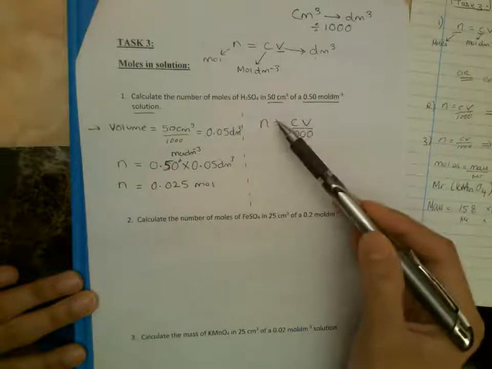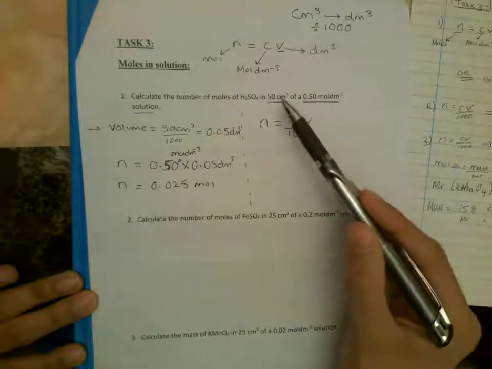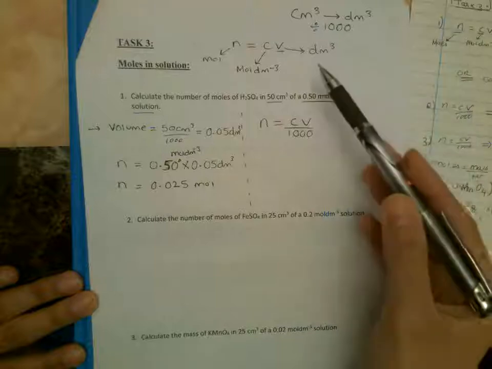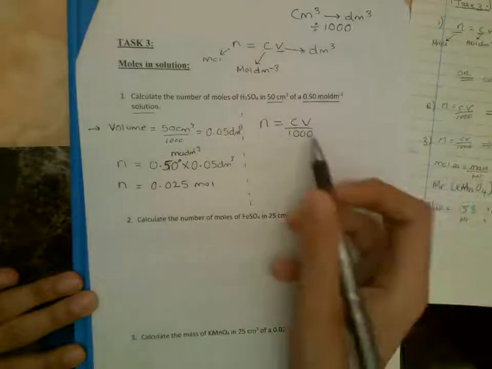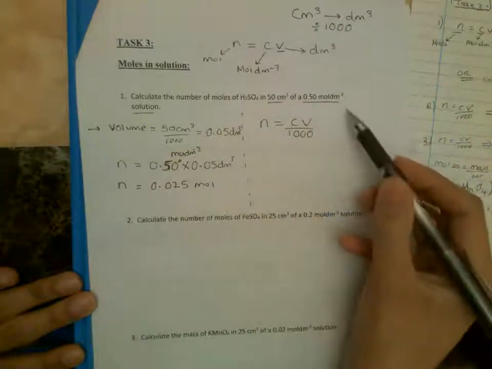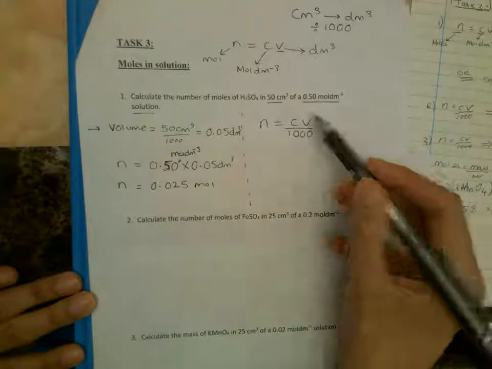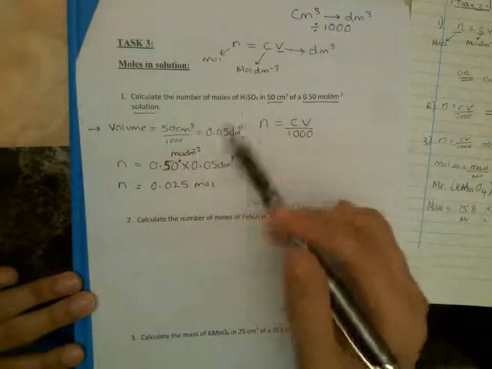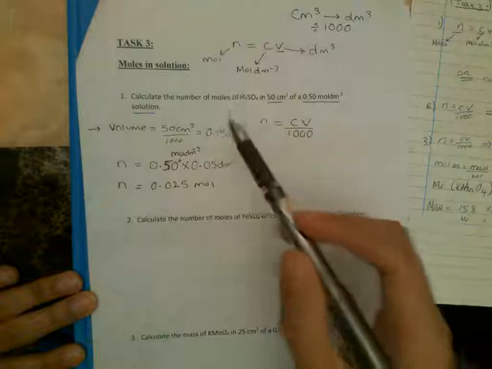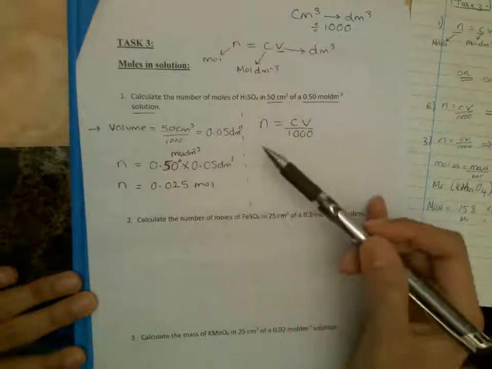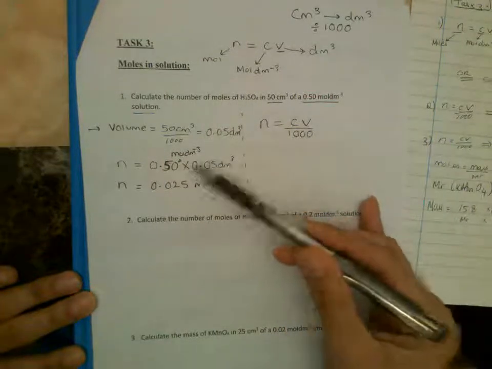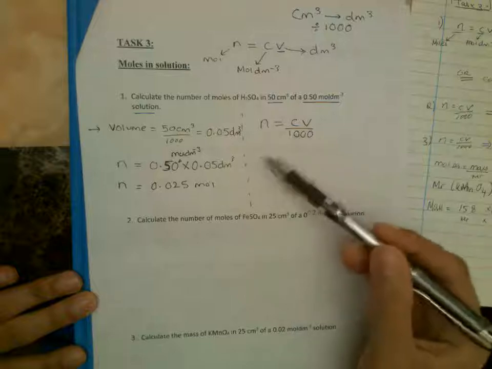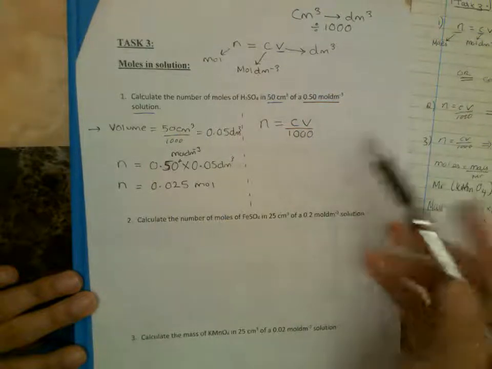This equation will automatically convert centimeters cubed into decimeters cubed, and that's what we want. I prefer if you use this equation, but this explains how you are getting this value and why you are converting. For those of you looking for a quicker way, this is the way for you: n equals CV over 1,000.